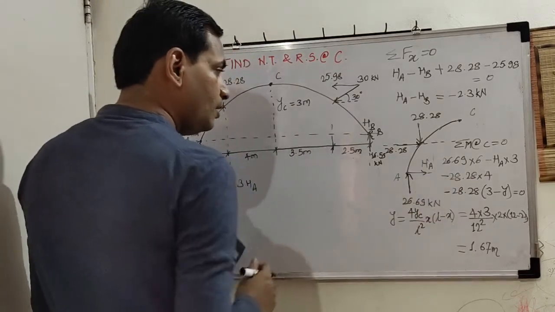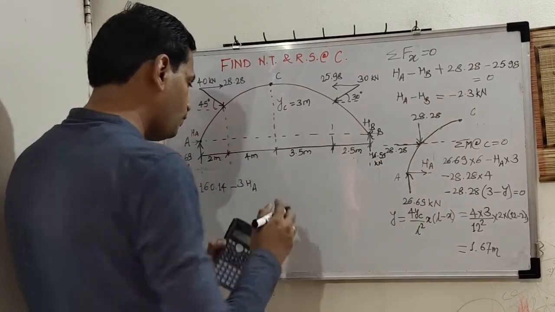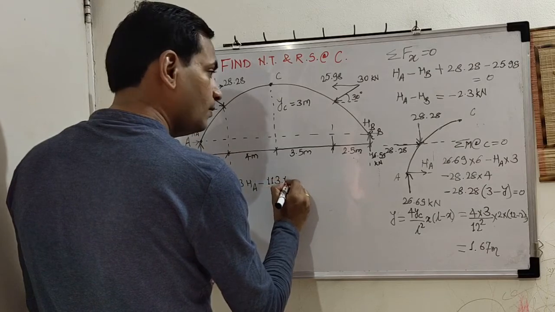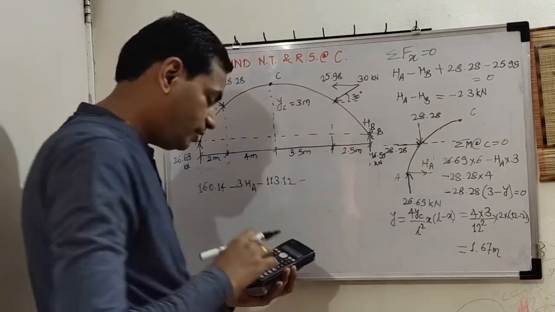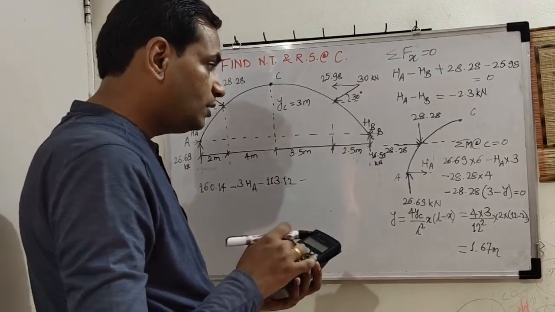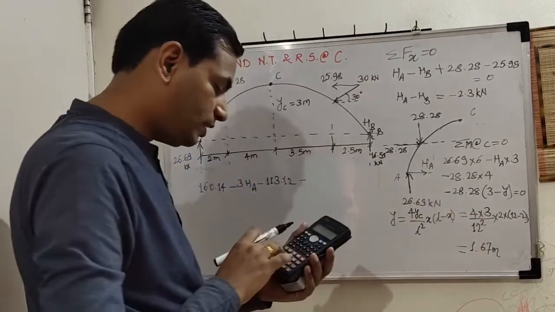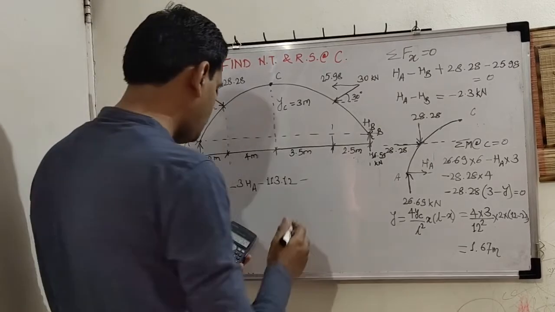Then 28.28 into 4 is 113.12. And here 28.28 into total 3, from that we have to subtract 1.67, so it is 37.61.